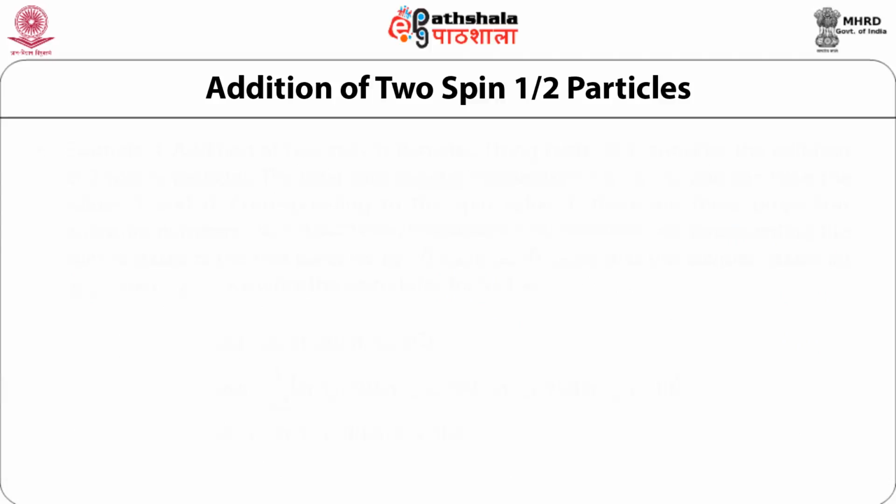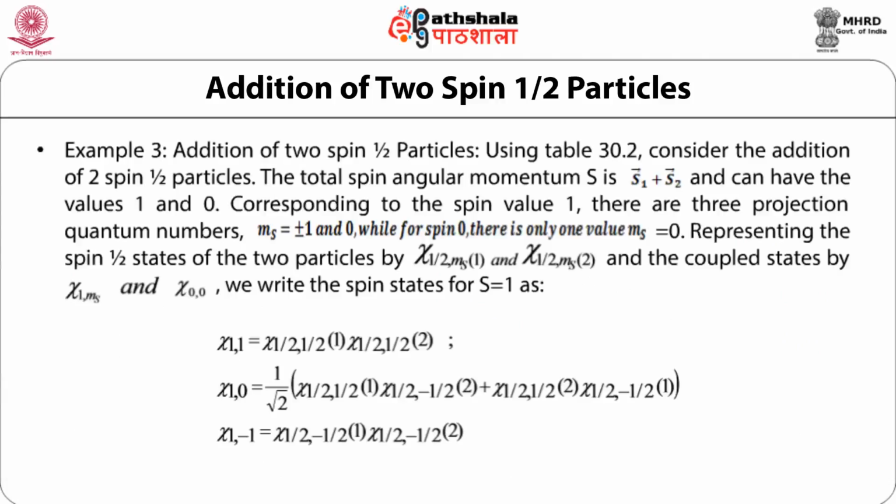Addition of two spin half particles. Example 3. Addition of two spin half particles. Now again, using the tables for Clebsch-Gordan coefficient and considering the addition of two spin half particles, we see that the total spin angular momentum S is the summation of spin angular momentum vector S1 plus spin angular momentum vector S2 and can have the values 1 and 0.